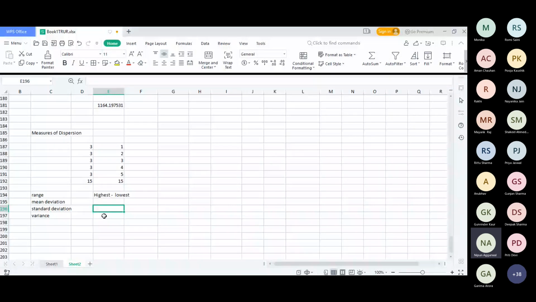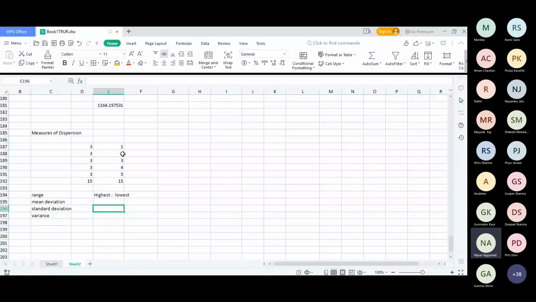But what is the problem with the range? Why is it least used? It shows the dispersion in the data, but it is the least used method and it suffers from a major disadvantage. The major disadvantage is that it only considers the extreme values in the data. It will not take into account each and every value.